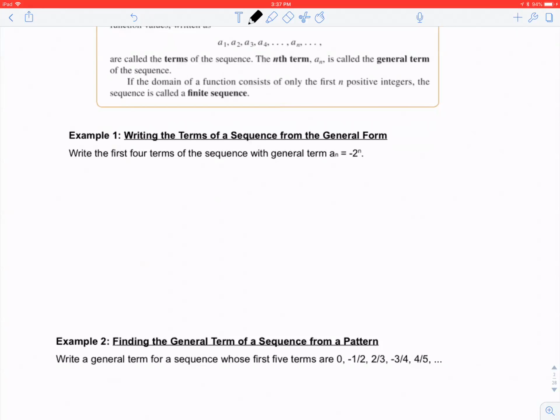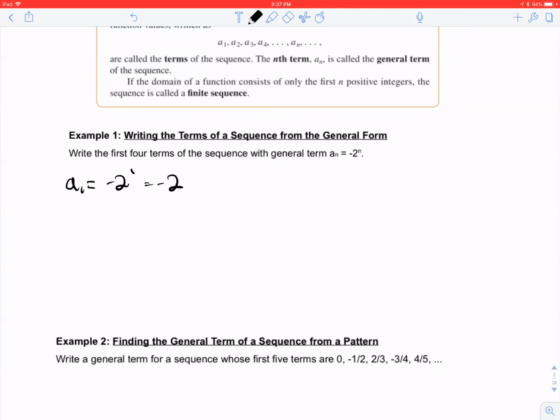All right, so if we look at example 1, it says write the first four terms of the sequence with the general term an equals negative 2 to the n. So when n is 1, a1 is going to be negative 2 to the 1, which is just negative 2, because with order of operations we do exponents before multiplication.